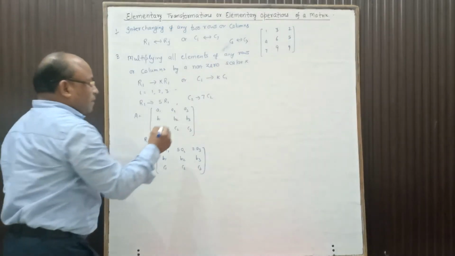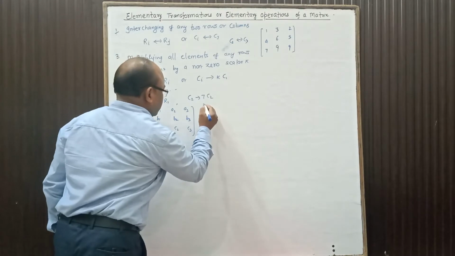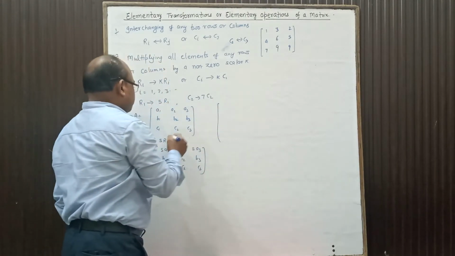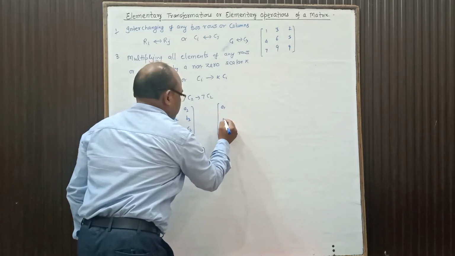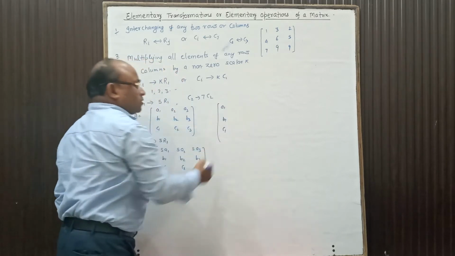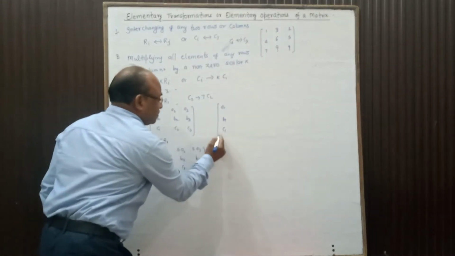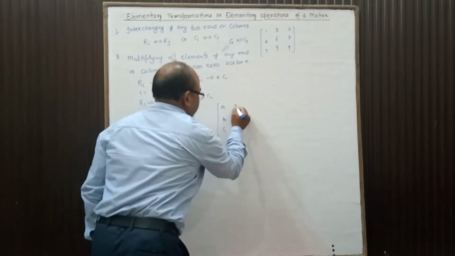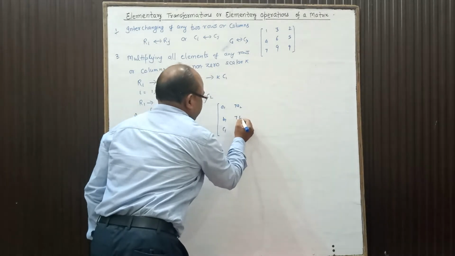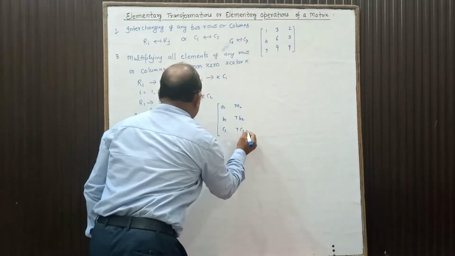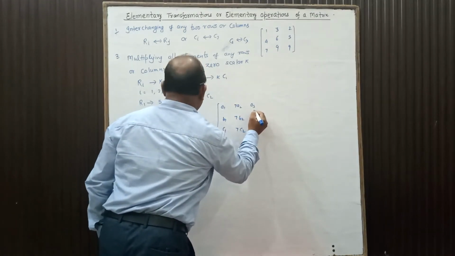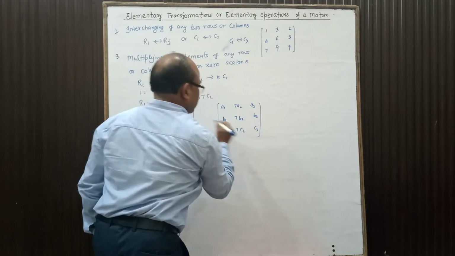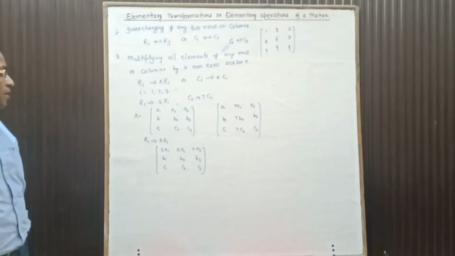And similarly, if we apply C2 is replaced by 7C2, then A1, B1, C1, this is the first column, which remains the same. And the second column is multiplied by 7, that is 7A2, 7B2, and 7C2. A3, B3, and C3, the third column also remains the same.